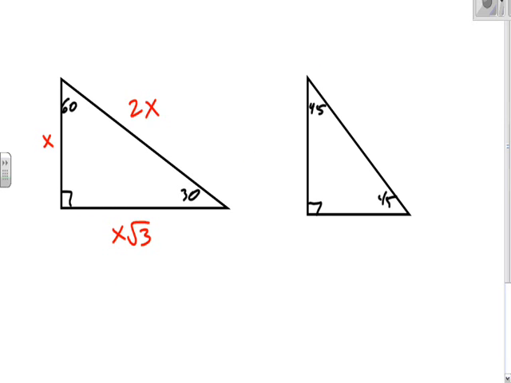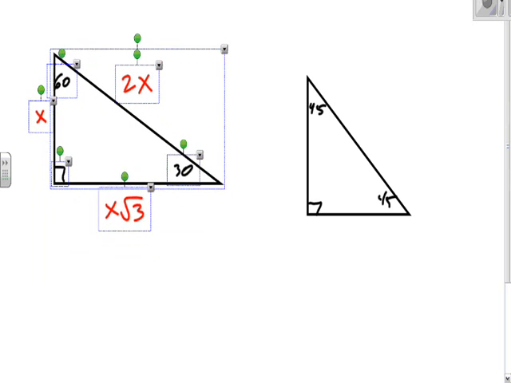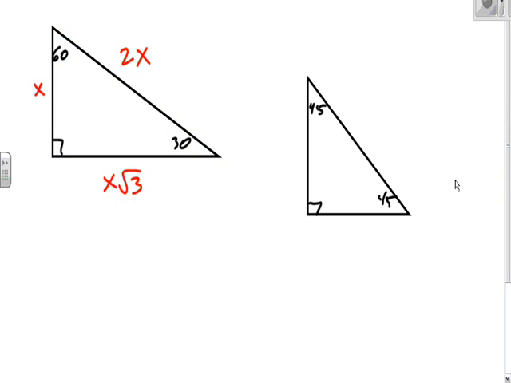So if we were using these values, we could come up and write the sine of 30, cosine of 30 degrees, and the tangent of 30 degrees. Remember SOHCAHTOA.